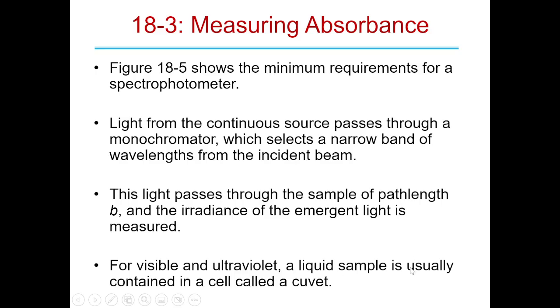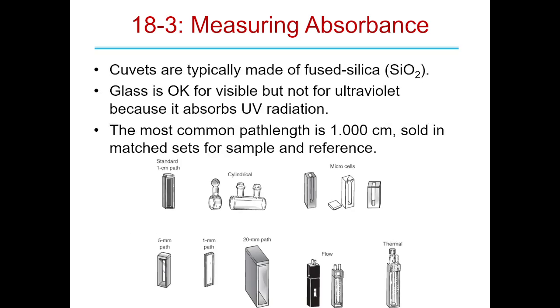For visible and ultraviolet, a liquid sample is usually contained in a cell called a cuvette, and that's those one centimeter cuvettes that you guys are using. Typically made out of quartz or glass. Quartz is better, or plastic. Again, quartz is better. Which I think we actually have quartz ones now, which are quite nice.